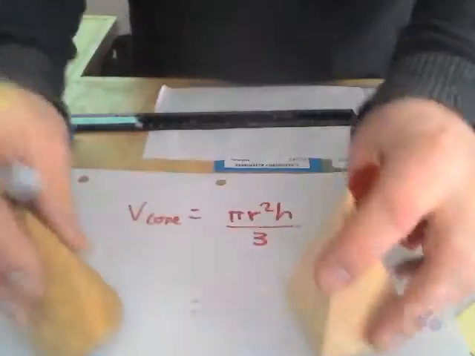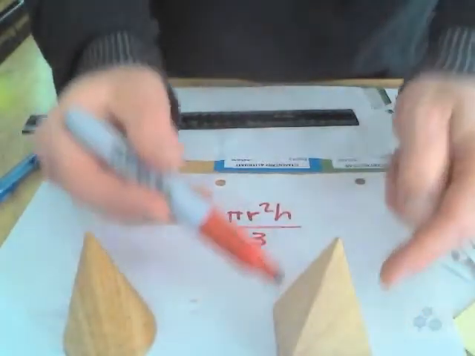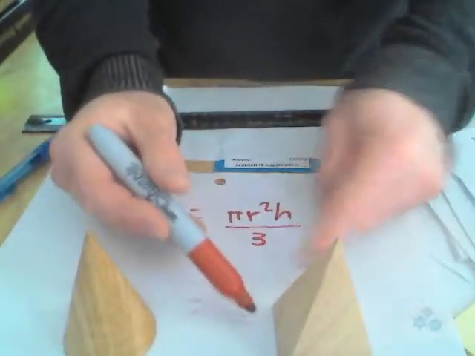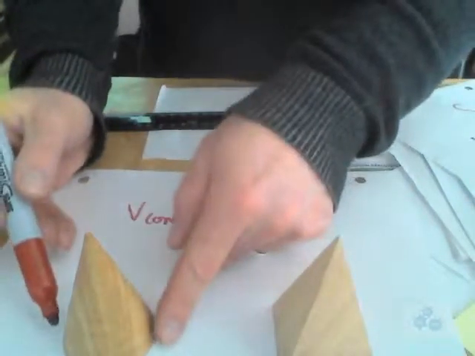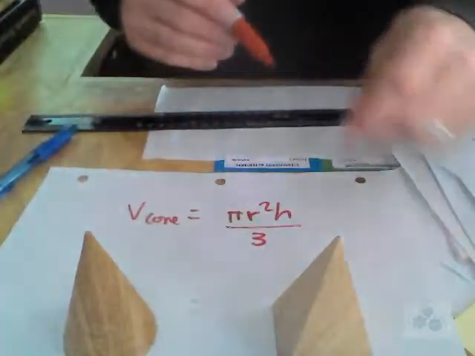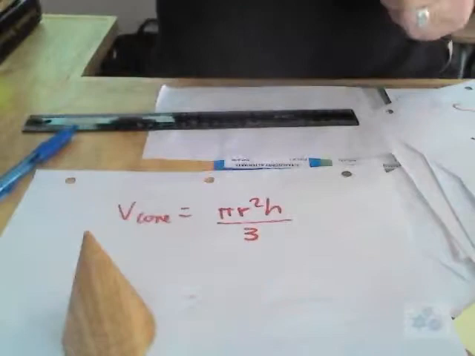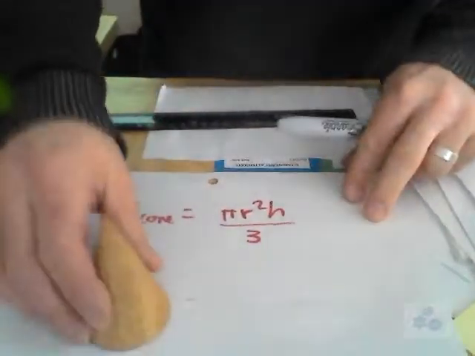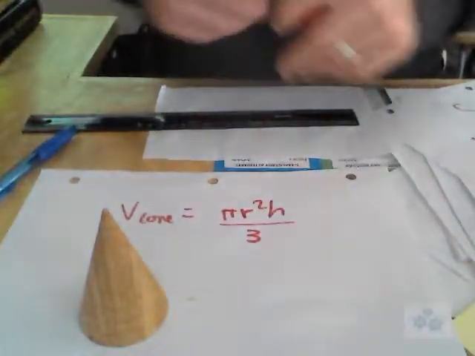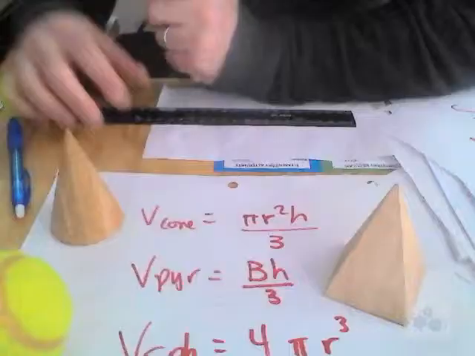It's the volume of the cylinder with the same dimensions, divided by 3. That's how you get it. And we talked about the sphere too, 4/3 pi r cubed.